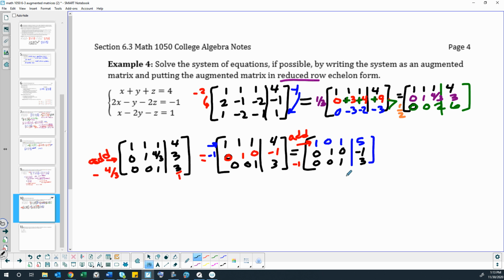Okay, so that gives us negative 1 times 0 plus 1 is 1. Negative 1 times 0 is 0 plus 1 is 1. Negative 1 times 0 is 0 plus 0 is 0. Negative 1 times 1 is negative 1 plus 1 is 0. Negative 1 times 3 is negative 3 plus 5 is 2.